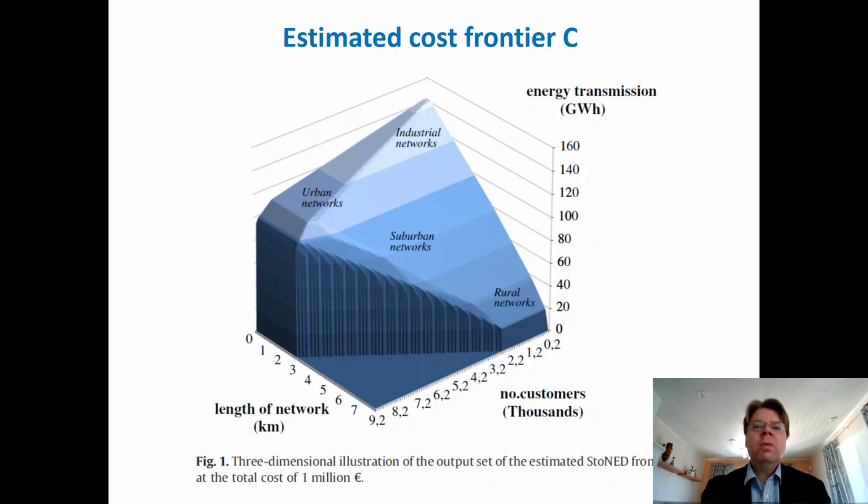And I have normalized the frontier such that the total cost is equal to 1 million euros. So in a sense, we are asking what kind of output combinations are possible if the total cost is restricted to 1 million euros. What are the efficient output combinations on the cost frontier?